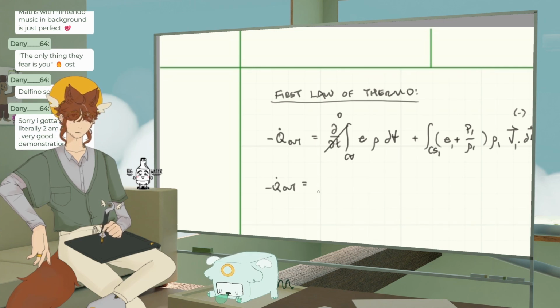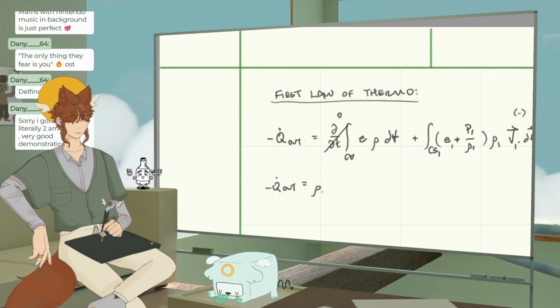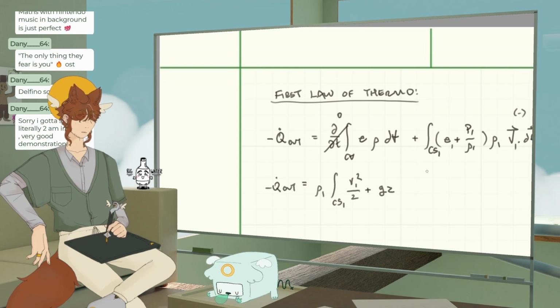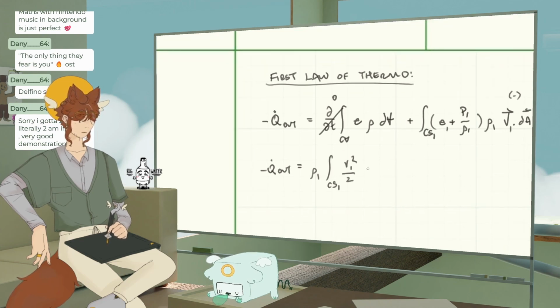So we're going to pull this out. Yeah, rho 1. And then we're going to say CS1. So our e is going to be V1 squared over 2 plus gz. Our potential energy is not changing, so I'm just going to get rid of that.